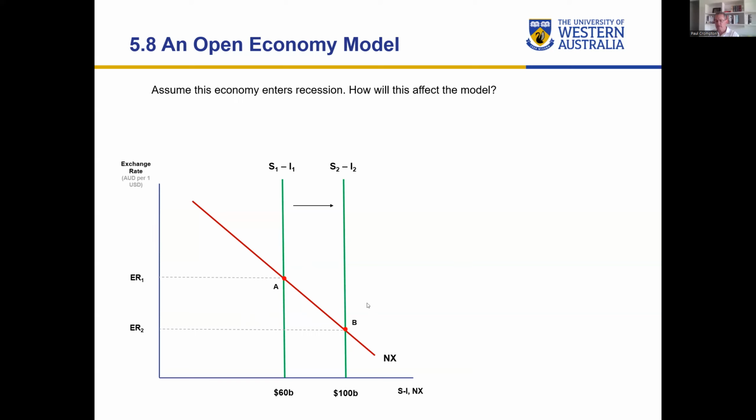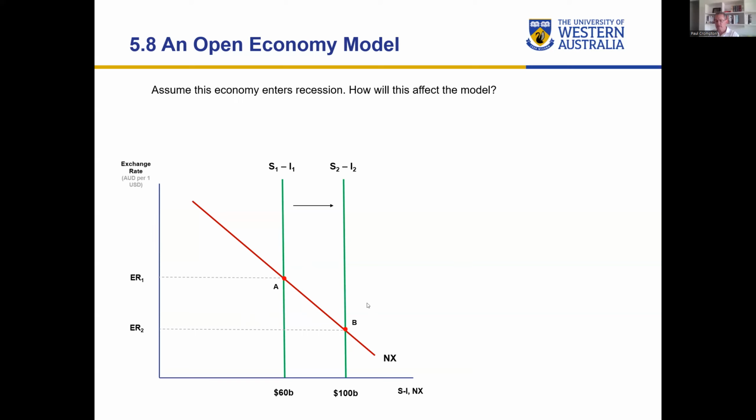When you drop the value of the variable on the vertical axis in a demand supply framework, you move along the curve, you don't shift the curve. So from A to B, NX is still going up. It's just that we're moving along the curve, which indicates that the increase in NX was due to a drop in the exchange rate.